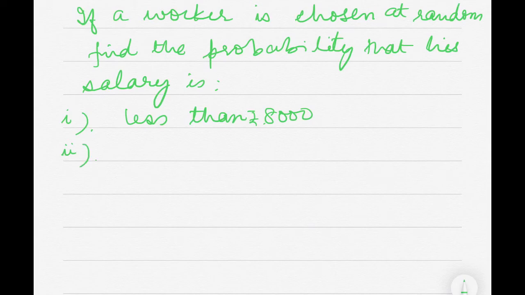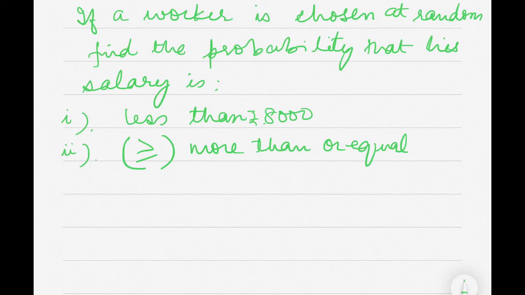Then the second part, more than or equal to, this is the symbol for that, more than or equal to 1,000 rupees.